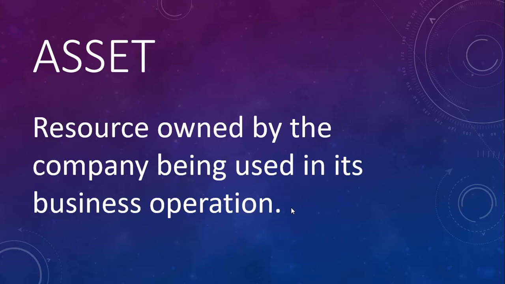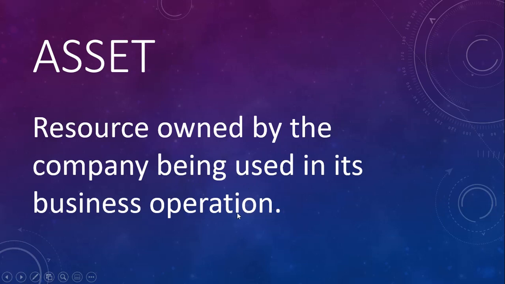So the first terminology that I want to discuss is asset. What's an asset? An asset, in its basic definition, is a resource owned by the company used in its business operation. Take note of the keywords: it is owned by the company and it is being used in its business operation. So an item should be owned by the company and you should be using it in business operation.